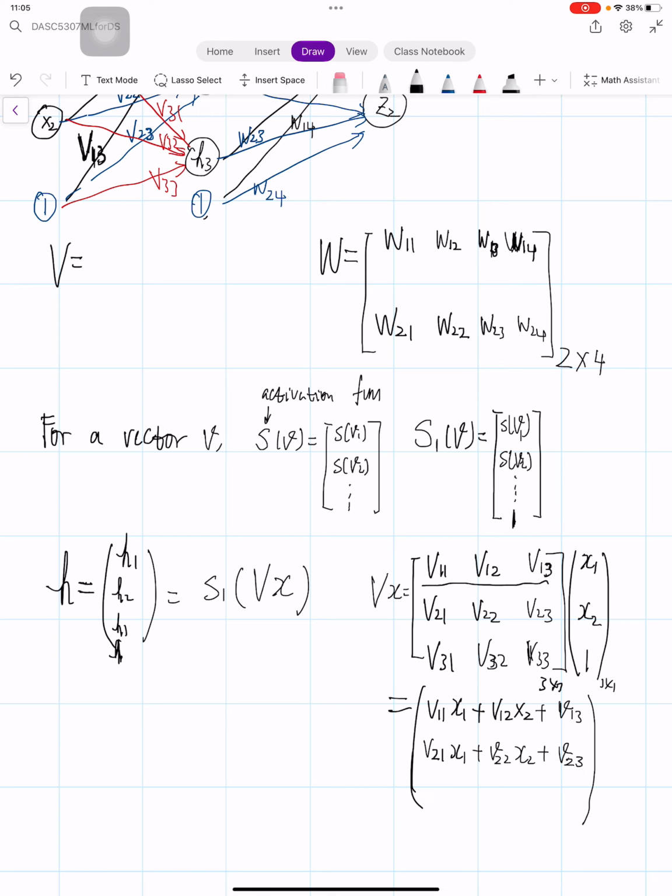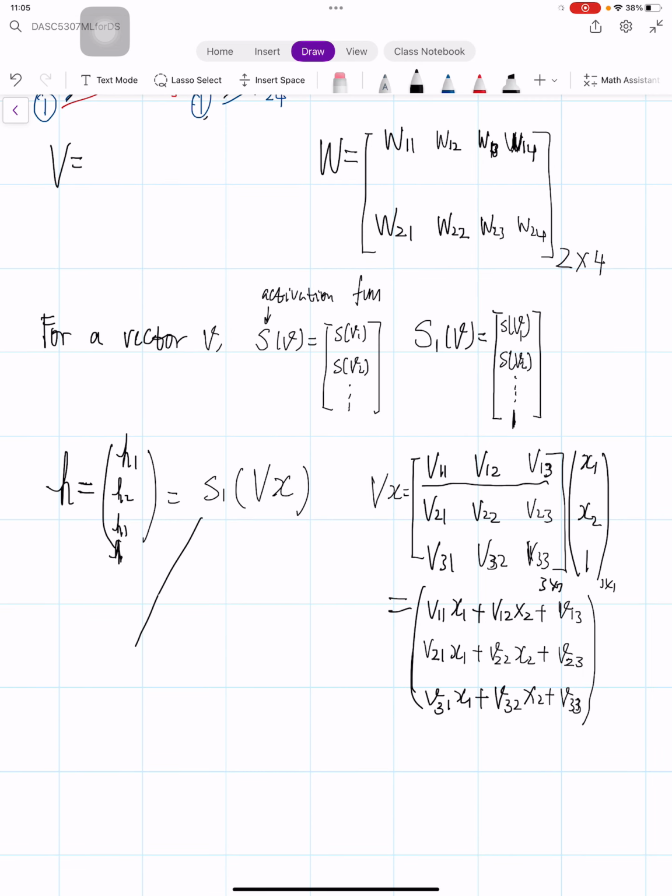And we have the first variable to the third hidden node, v31 x1, plus v32 x2, plus v33. Then we apply this sigmoid function to each of the variables, which gives us the result, but we augment with 1. So the last one is we add 1 here.